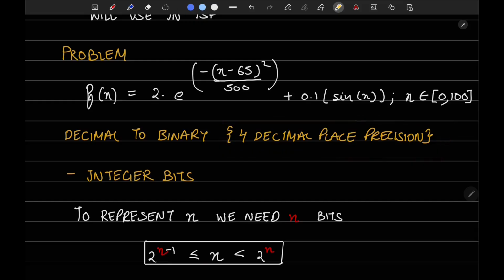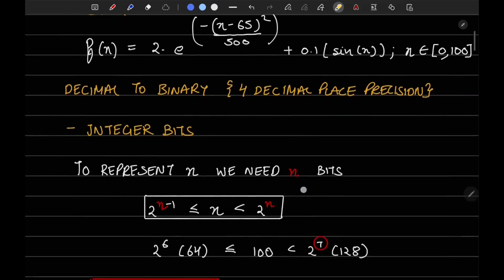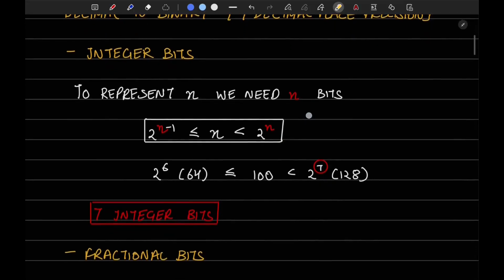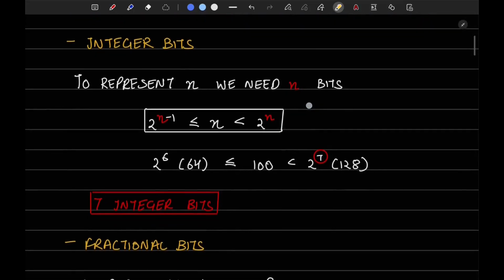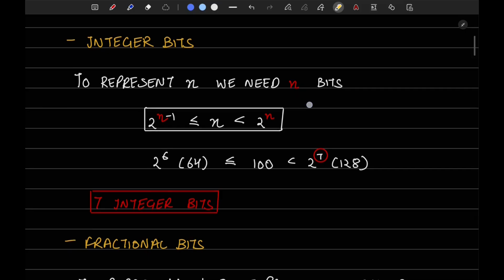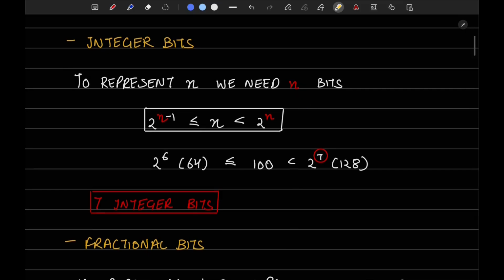Now let's look at how to represent this range in binary form. When it comes to binary conversion, to represent a whole number as large as x, we need n binary bits such that x is at least 2 to the power n minus 1 and at most 2 to the power n. No, actually at most 2 to the power n minus 1.